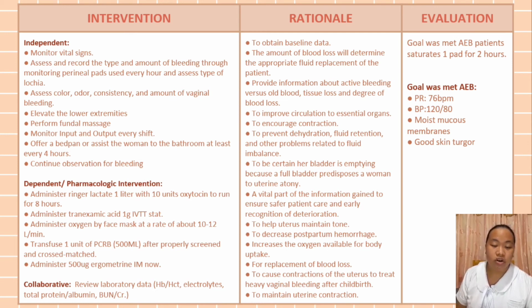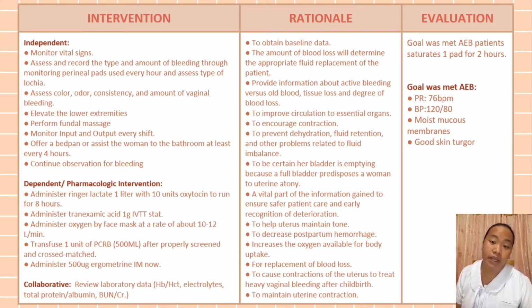Then administer oxygen by face mask at a rate of about 10 to 12 liters per minute. This is to increase oxygen available for body uptake. Then transfuse 1 unit of PRBC 500 ml after properly screened and cross-matched.